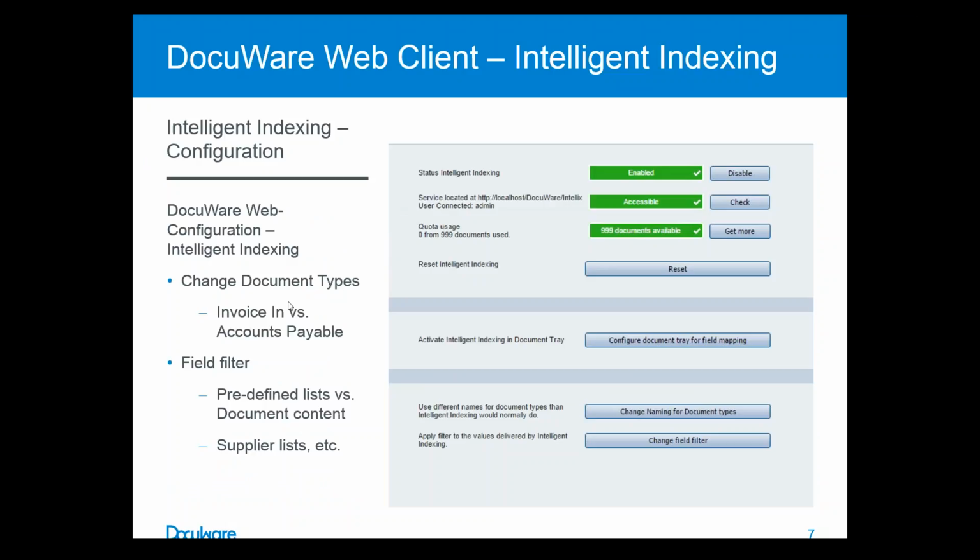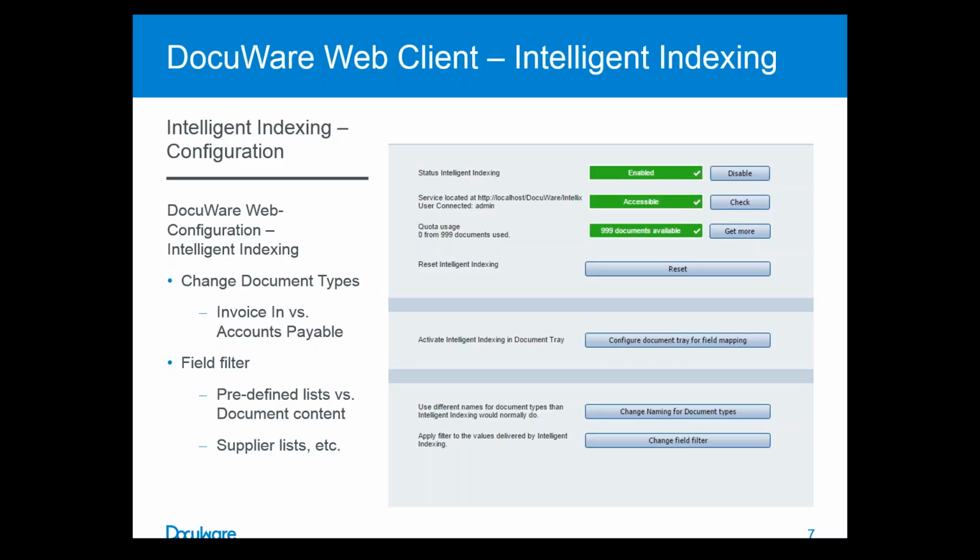As well, in our intelligent indexing configuration, we could get information on the system, if it's turned on, how many documents we still have available, if we need to activate or change some of our field mappings or create new intelligent indexing configurations.